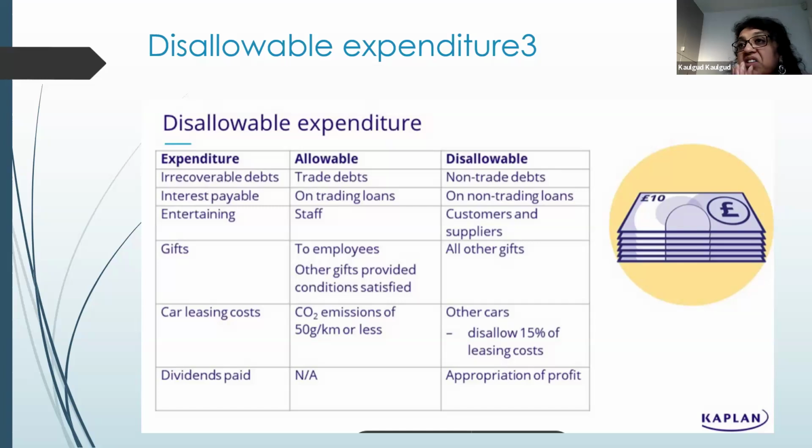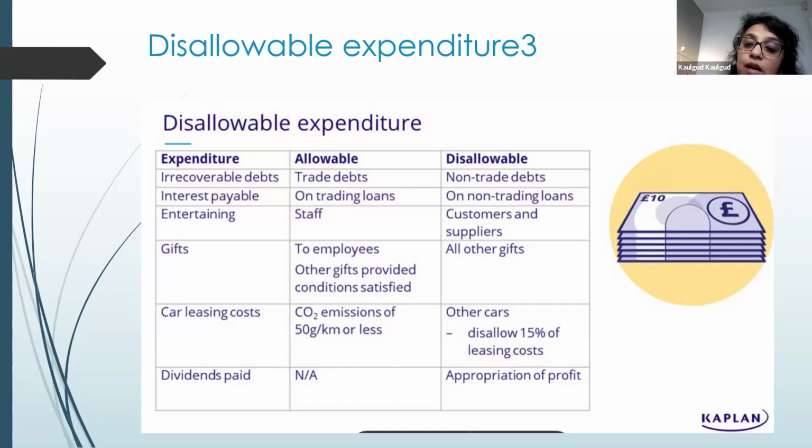We give tax exemptions for cars with CO2 emissions of less than 50 grams. That is an initiative the government is taking: I give you tax exemption if you buy an electric car. That is why many companies also offer, as a salary sacrifice, electric cars or hybrid cars and those sorts of things.